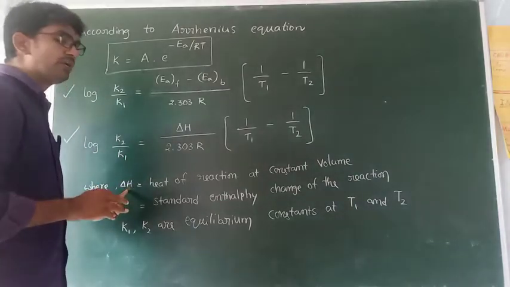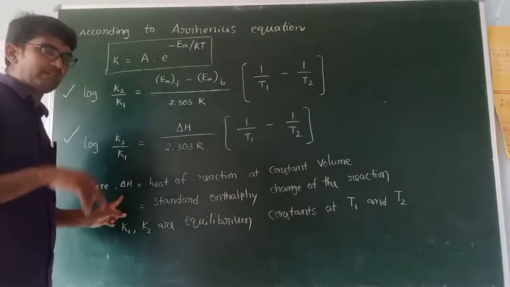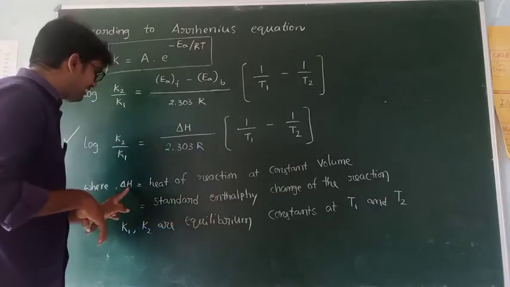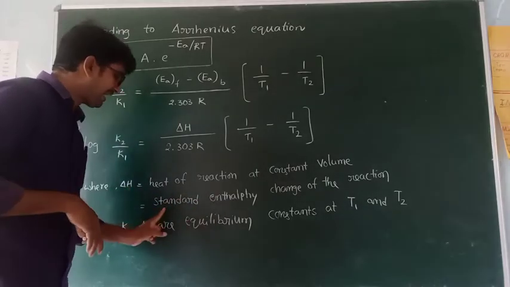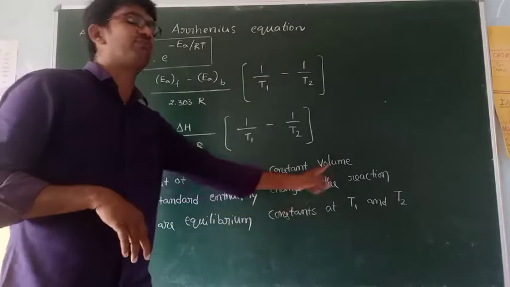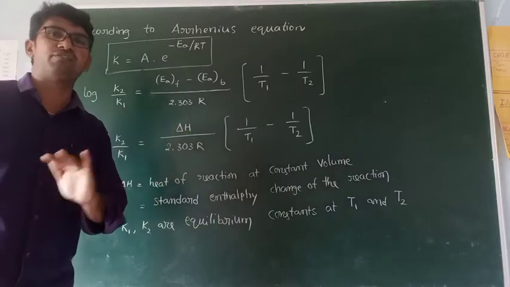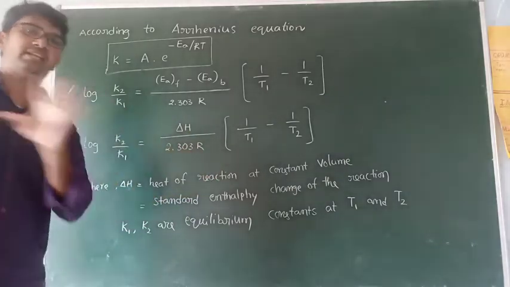That is delta H. In thermodynamics, this is called standard enthalpy change of the reaction. H means enthalpy, so enthalpy means how much change of heat takes place in that reaction.